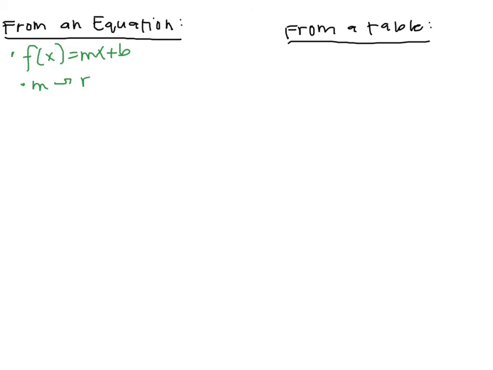So m represents the rate of change, or the slope, and then b represents the y-intercept. This is probably going to be the fastest method that you will use when you're comparing your functions to one another.